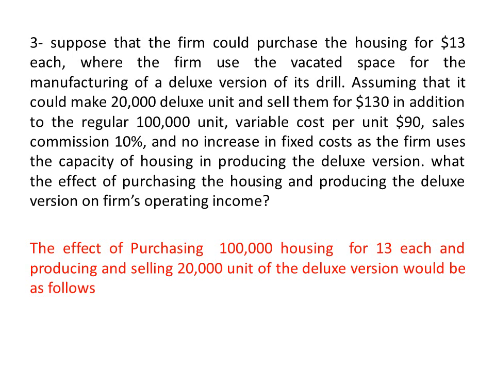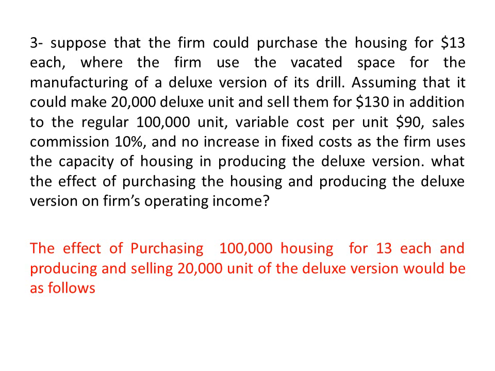Okay, in this case we have two situations. First, the firm would purchase the plastic housing from an outside supplier at $13 for each, and it will use the capacity of producing the plastic housing inside the firm in producing an additional product, that is the deluxe unit.